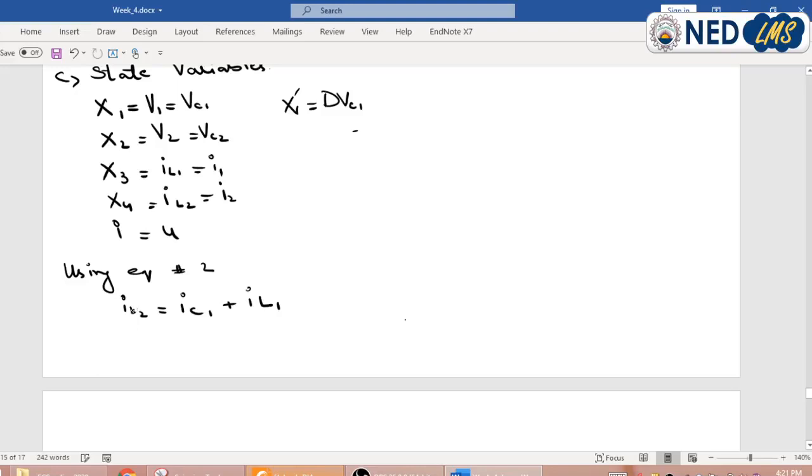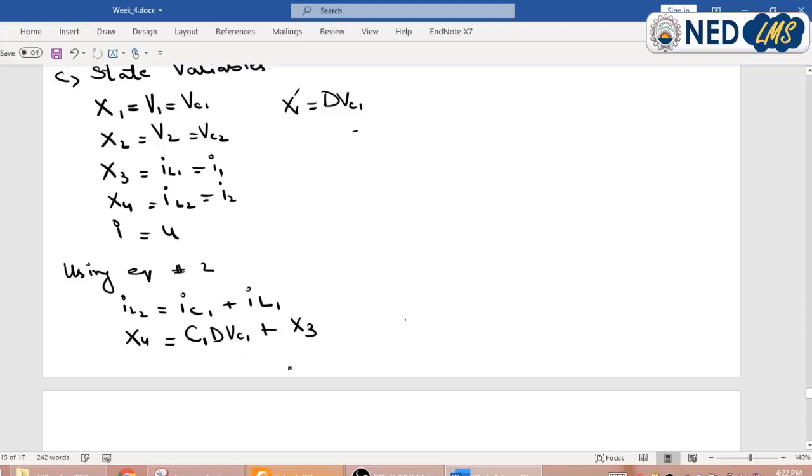IL2 is basically my x4. IC1 can be written as C1 dVc1, which is my x1 dash, plus IL1, which is basically x3.